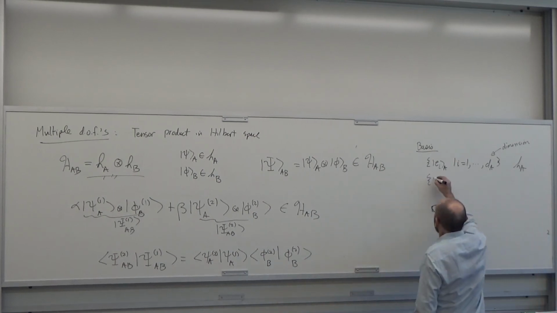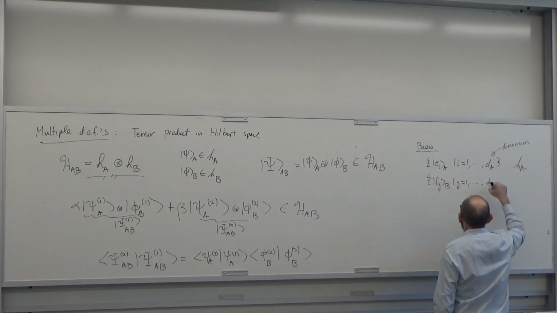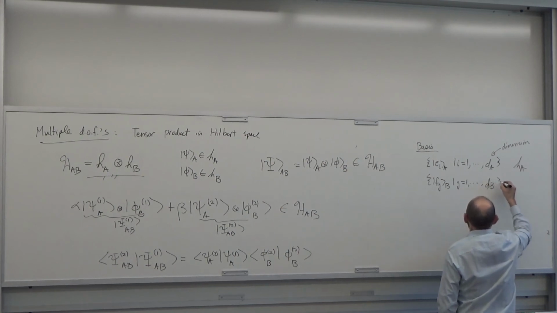And I have some other basis for Hilbert space B. And those two Hilbert spaces need not be the same dimension. They could be different dimensional Hilbert spaces.